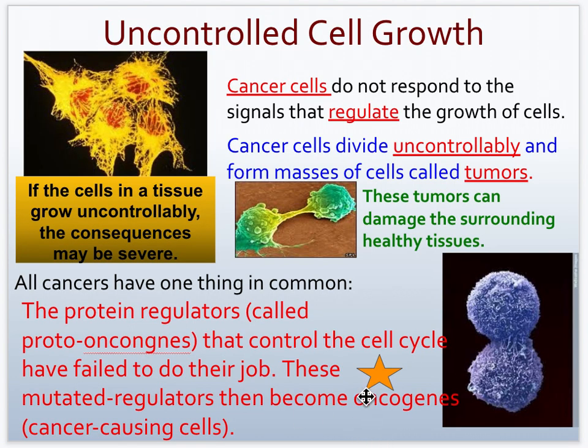So uncontrolled cell growth is like cancer. Cancers are just your regular body cells that are growing uncontrollably. And when they grow uncontrollably, for example, something called proto-oncogenes have sometimes failed to do their job.